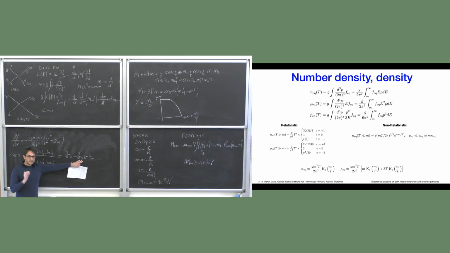For indirect detection, if you have a P-wave model of dark matter, typically the signal for indirect detection is very, very small. And the reason is that in astrophysical environments, in galaxy clusters, the velocity is expected to be, let's say, at most 10 to the minus 3, okay?